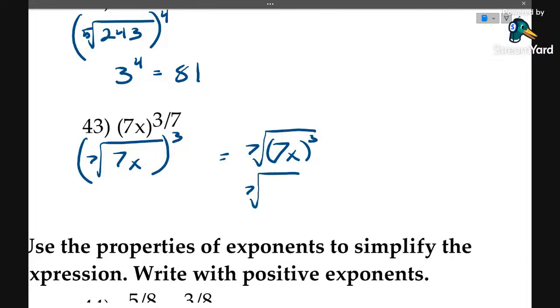So we could have the seventh root of 7 to the third, which is 343, and then x to the third. Because 7 and 3 don't have a common factor, we can't simplify this anymore, and there is no seventh root of 343, so that's as simplified as we can get.